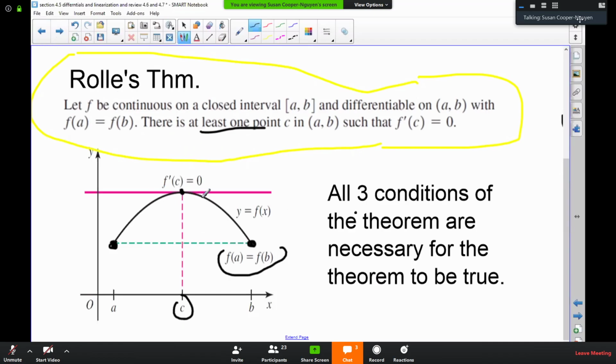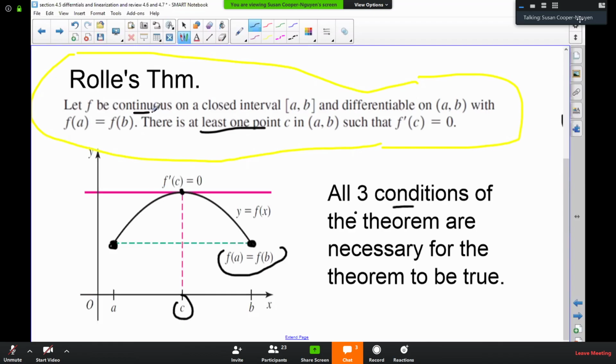So what happened was I noticed you all got it right. So I figured you digested it, but I wanted you to have Rolle's theorem just written out in all its glory. The big thing about Rolle's theorem is that it's only true that there exists a turning point between A and B if all 3 conditions of the theorem are met. So what are the 3 conditions?